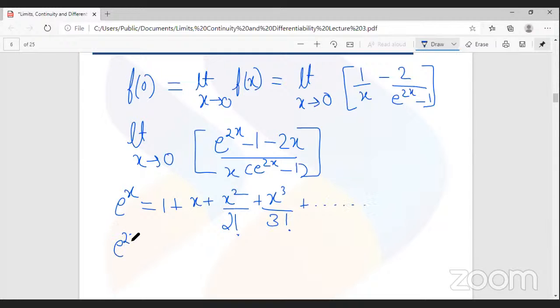Then the expansion of e raised to the power 2x will be 1 plus 2x plus (2x) whole square upon 2 factorial and so on, (2x) cube upon 3 factorial. Okay.